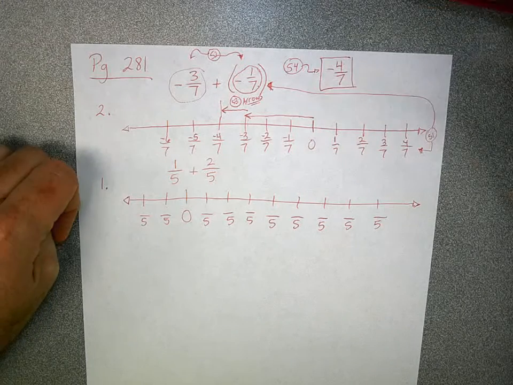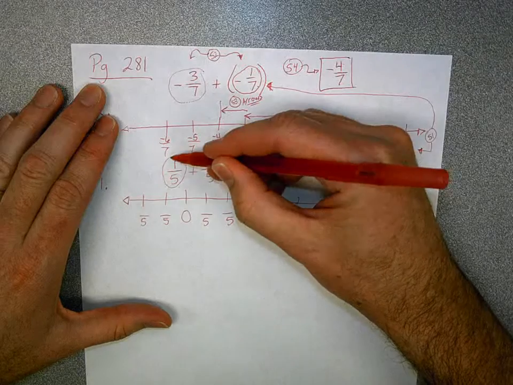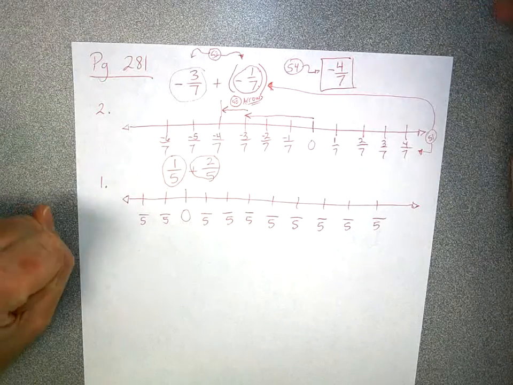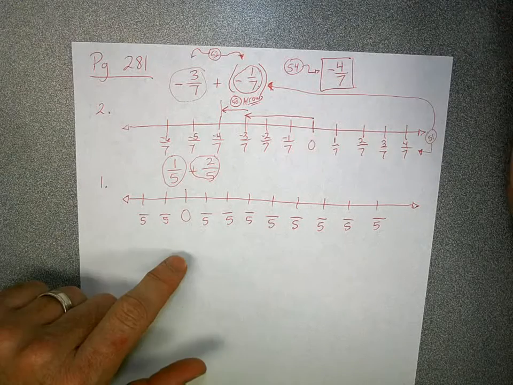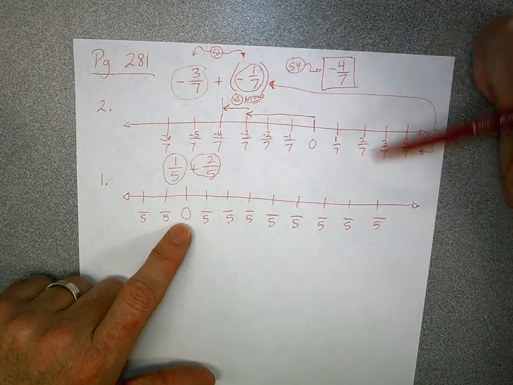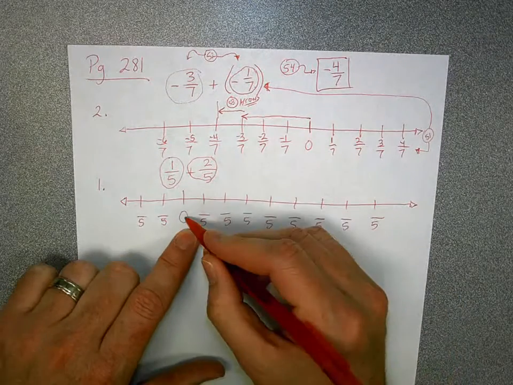All right, and then the next thing is before we start drawing arrows, realize that 1/5 is positive and 2/5 is positive, so both of them have positive value. Before drawing our lines up above, let's write our numerators in. Going right is pretty easy.